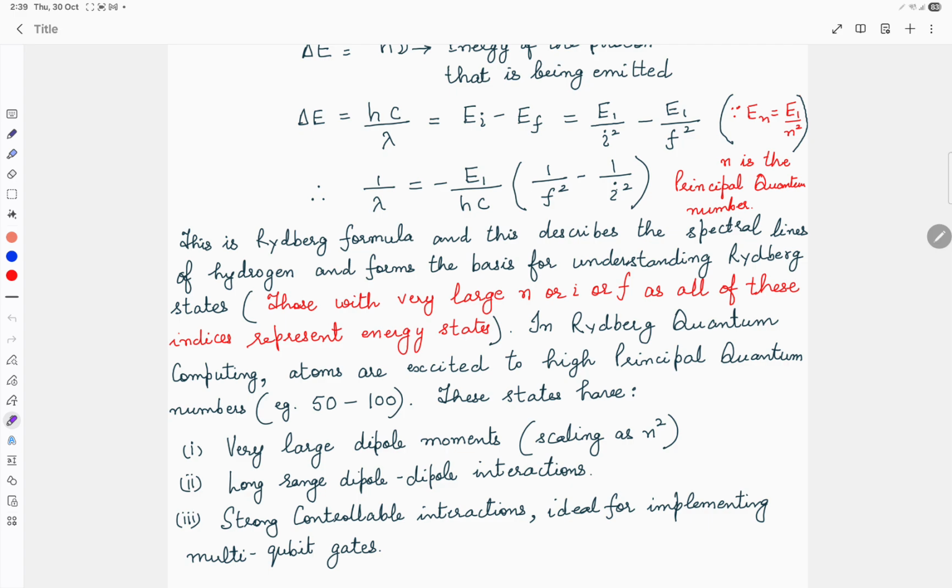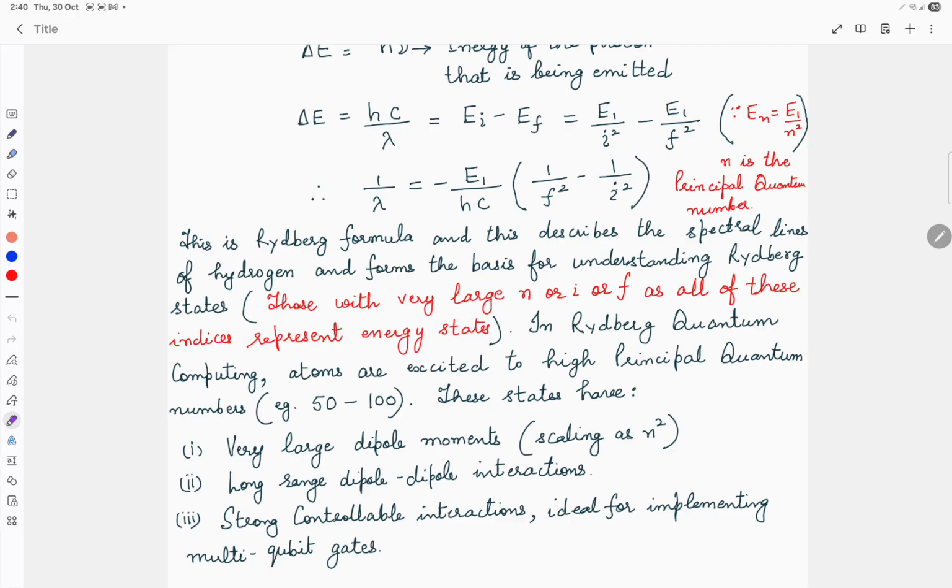So when you are trying to excite one atom and take it to the Rydberg state, because of the interaction with the other atom, the energy levels will be shifted up. Now it will need more energy to take it to the Rydberg state, but that will not be possible because it needs to be excited to even higher energy levels.